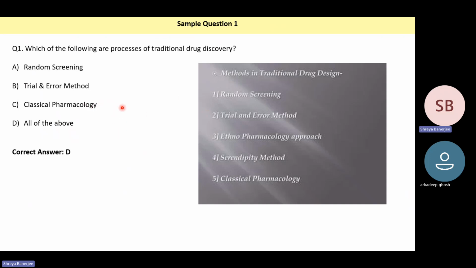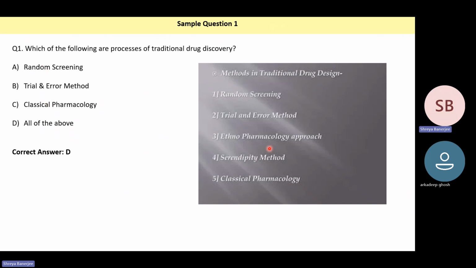Suppose a plant was found to have anti-diarrhea properties. Classical pharmacology would go into that plant and look at what are the bioactive compounds responsible for the biological activity it is showing. So all these three are traditional drug discovery methods.